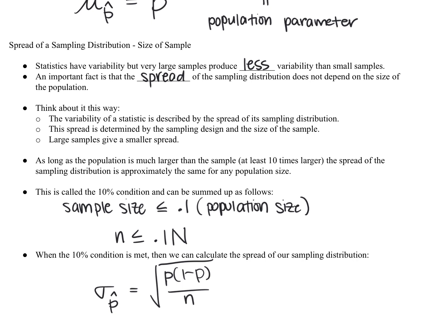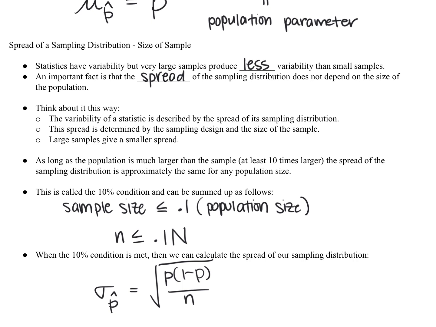The way we make sure that we have a large enough sample size is to follow something called the 10% condition. As long as the population is much larger than the sample, at least 10 times larger, the spread is approximately the same for any population size.